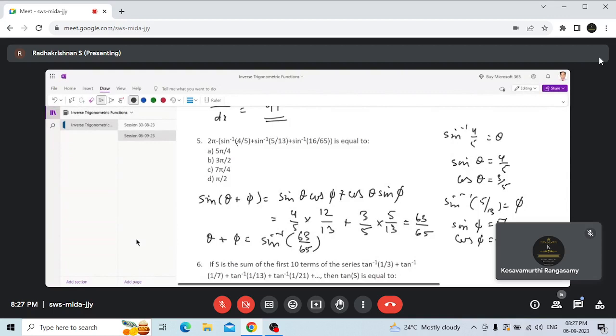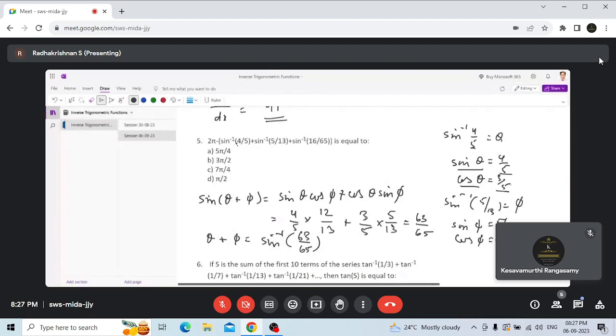Sir, can you explain this? See, they have given sin inverse of 4 by 5 plus sin inverse of 5 by 13, right? So sin inverse of 4 by 5 equal to, let us say, theta. That means sin theta is 4 by 5. And from the triangle, you can see that cos theta will be 3 by 5.